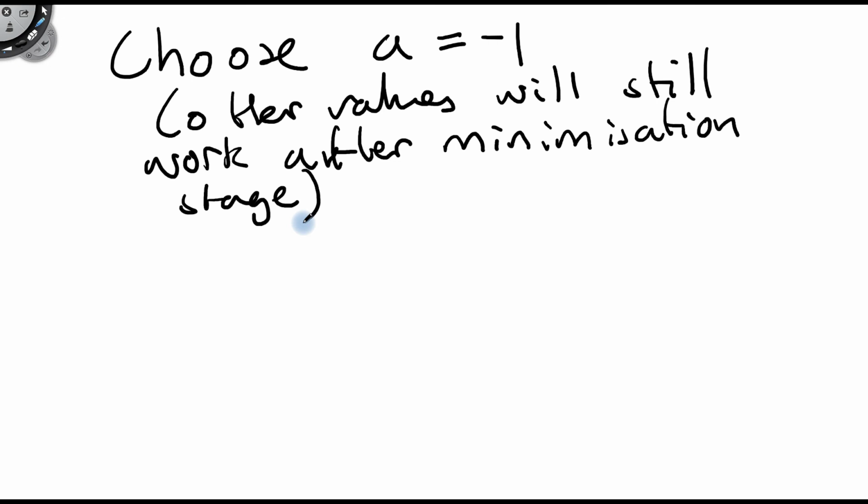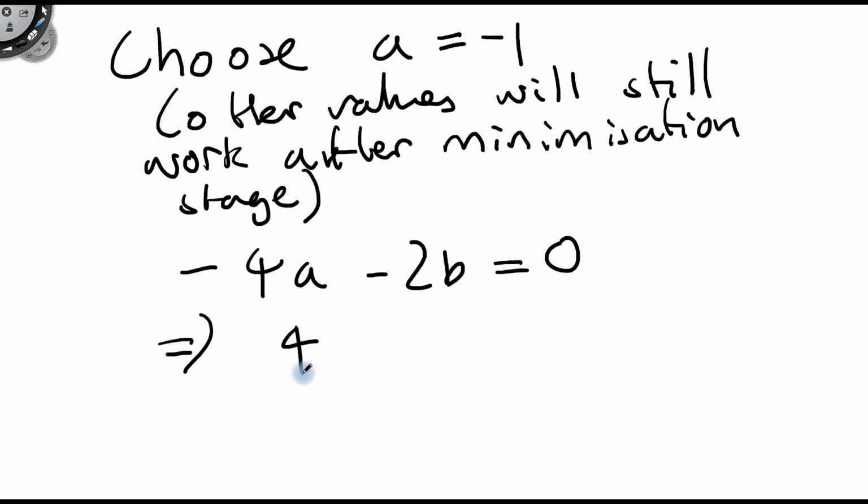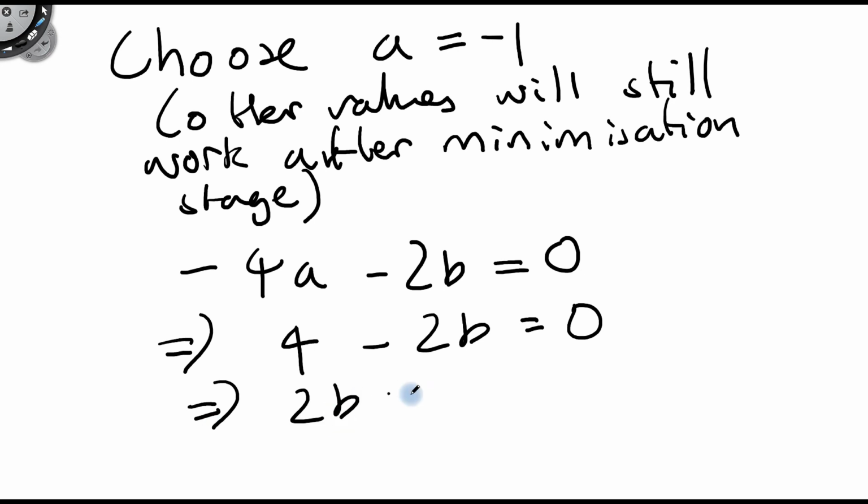So we choose A is -1, so the expression we had was -4A minus 2B is 0. That implies 2B equals 4, which implies B equals 2. So A is -1, B is 2.